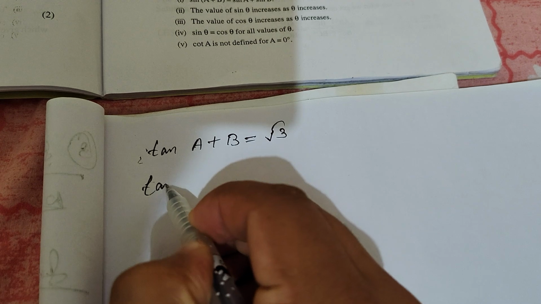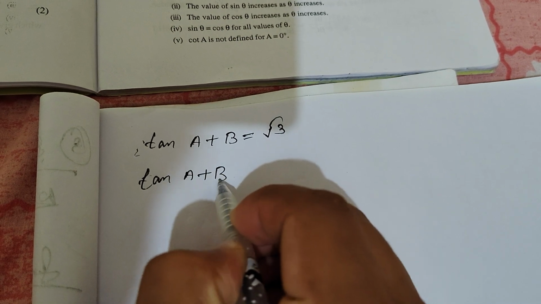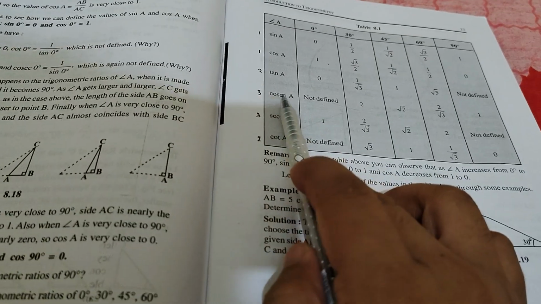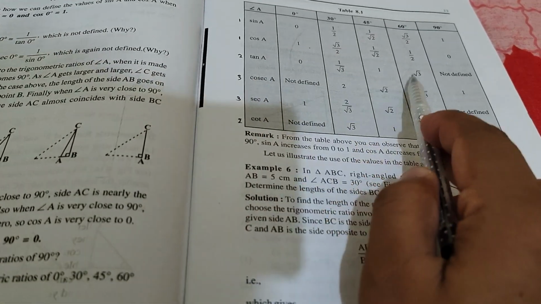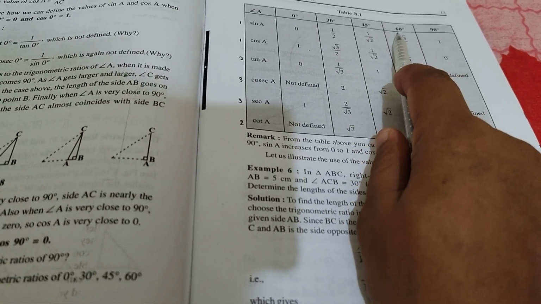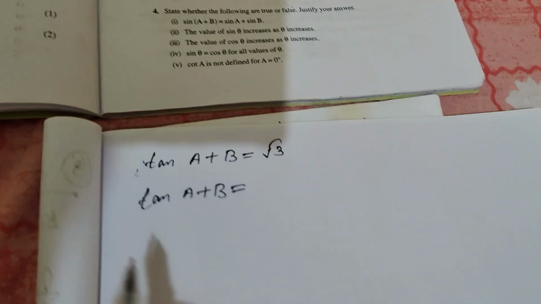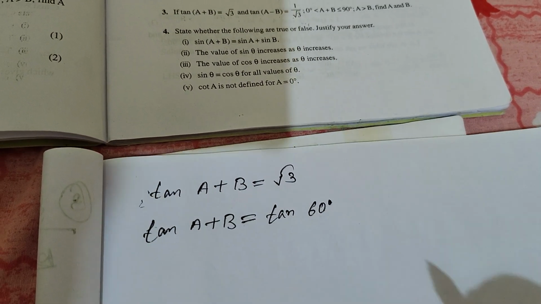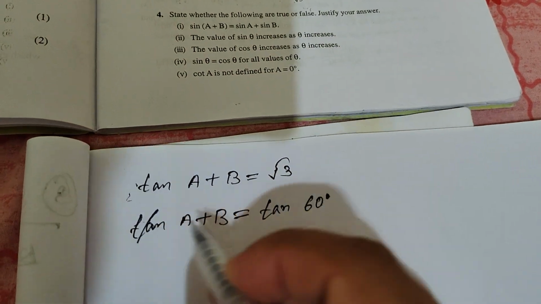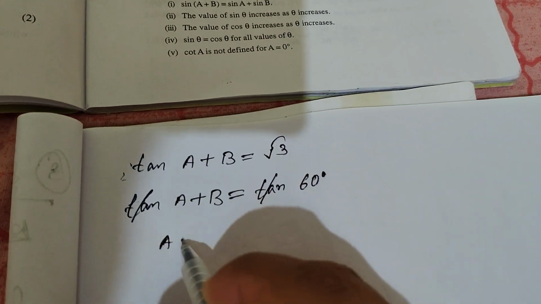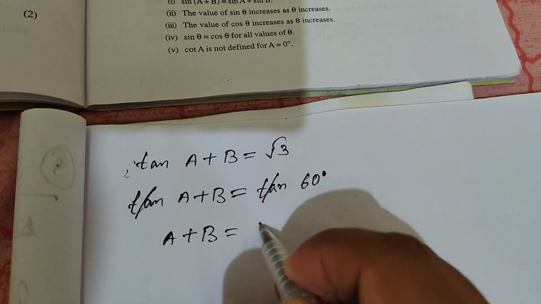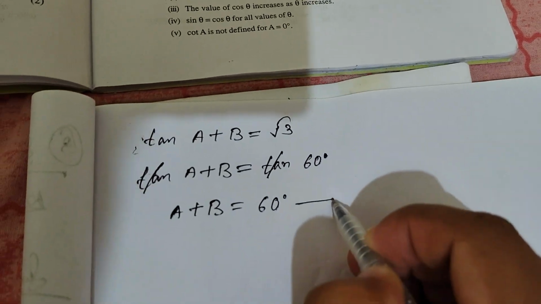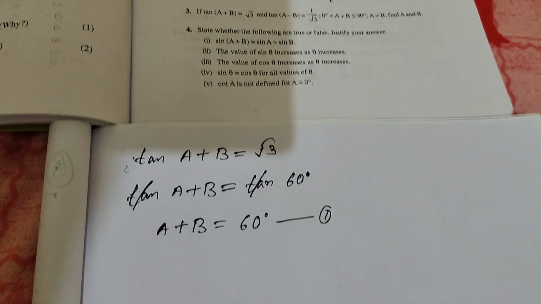So 10a plus b equal, we can write, this is our root 3, where it is in tan 60 degree, yes or no? So we can write here tan 60 degree. Clear? tan gets cancelled. A plus b equal to 60 degree. Just put this equation number 1.